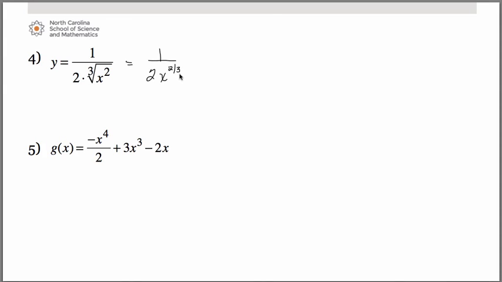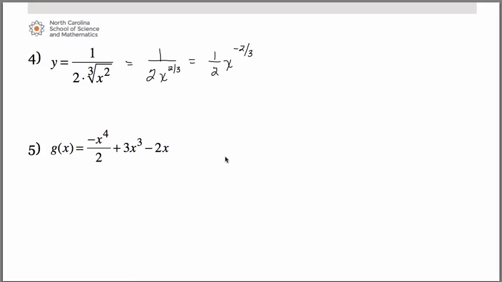It needs to look like a coefficient times x to the n. All right, so we might have to rewrite this a little bit better. So let's rewrite it as the coefficient 1/2, but then x to the negative 2/3. Because your expressions need to look a certain way in order to apply the power rule to them.